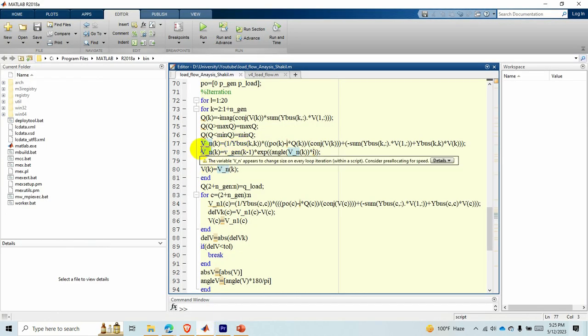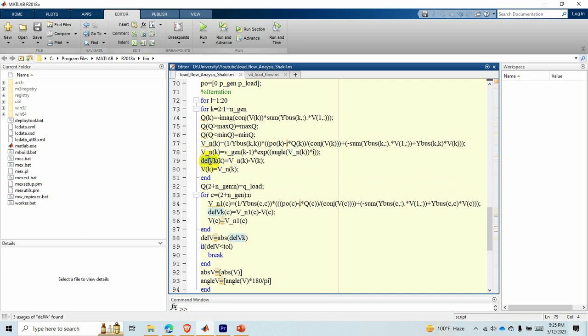The next step of this algorithm is replacing the phase angle, not the magnitude. So the magnitude will remain the same. Vgen(k−1) means the positions of the generator bus voltage, and I use the new angle of the bus voltage.